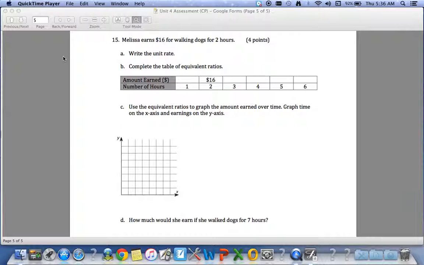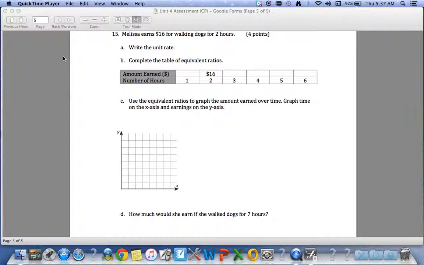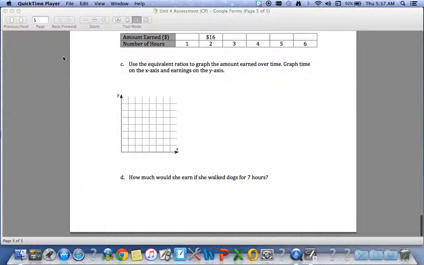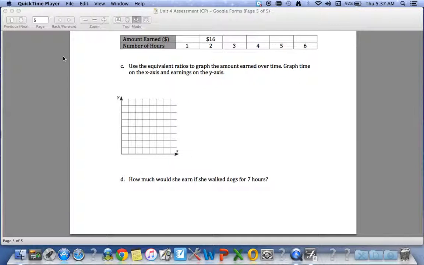Graph time on the x-axis and earnings on the y-axis. And D, how much would she earn if she walked dogs for 7 hours? This concludes the test.